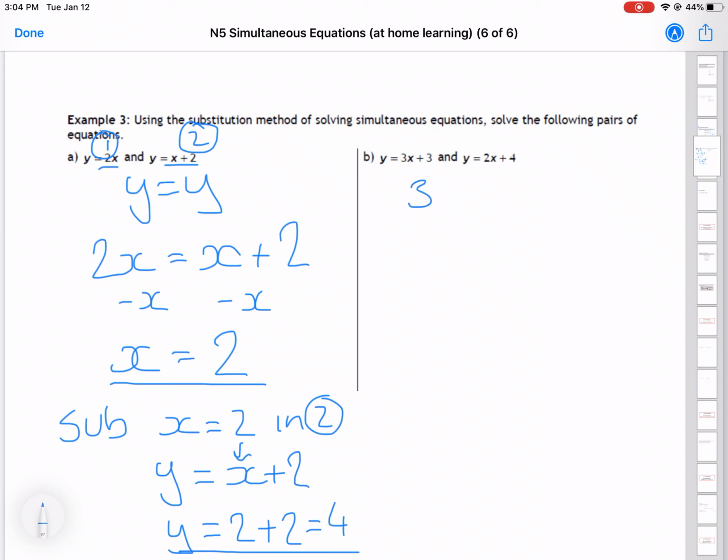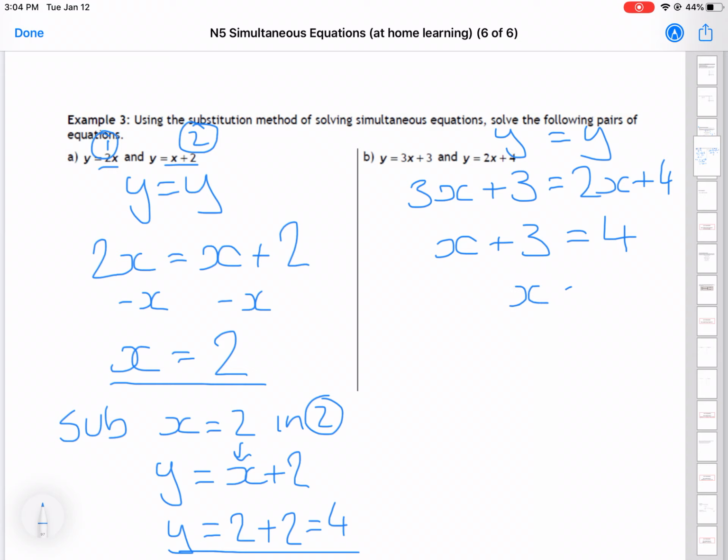For b, we are going to make that 3x plus 3 equals 2x plus 4, so that we have y equals y. Take away 2x from both sides, that's x plus 3 equals 4. Take away 3 from both sides, so x equals 1. You can see solving equations is very, very important here.